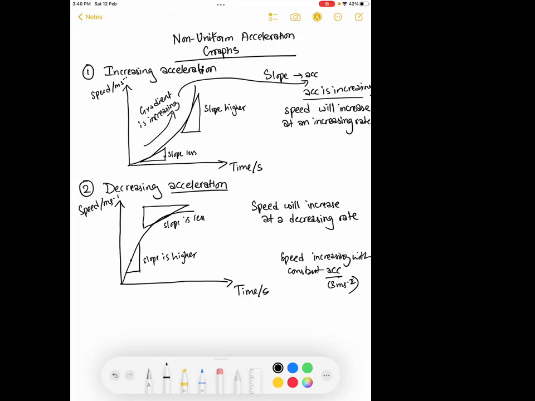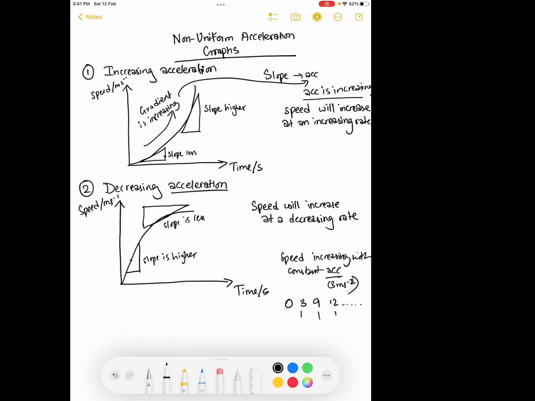That means the speed is increasing at a rate of 3 meters per second every second, right? It means, let's say if my speed is 0 at the beginning, then in just a second it becomes 3, and then 6, and then 9, 12, and so on every second. Okay.